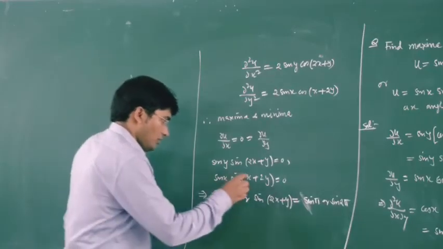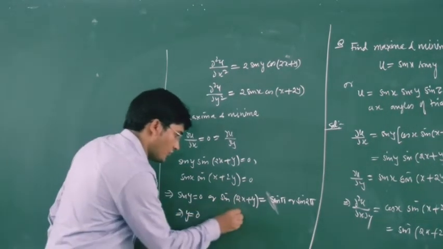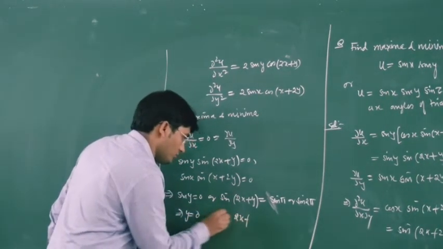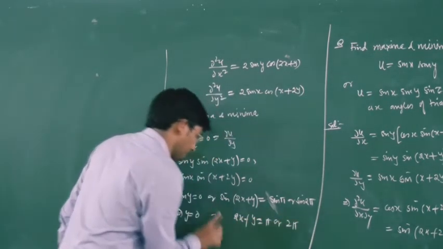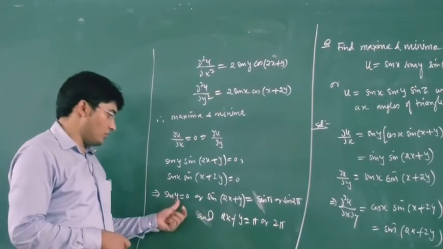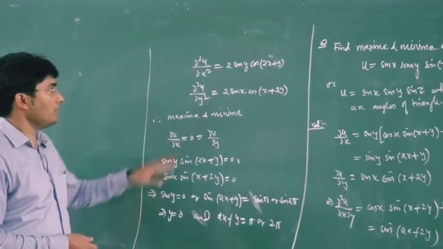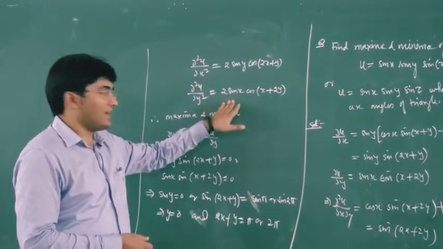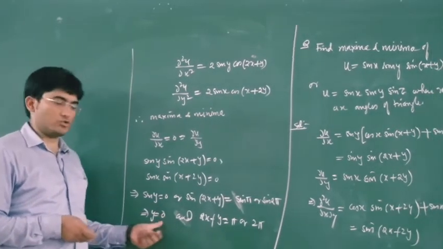So we have either y equal to 0, or 2x plus y equal to pi or 2 pi. We can also have the value of y as pi or 2 pi, but at pi or 2 pi, our u, r, s and t will be 0. So I am not writing those values, just I am writing y equal to 0.